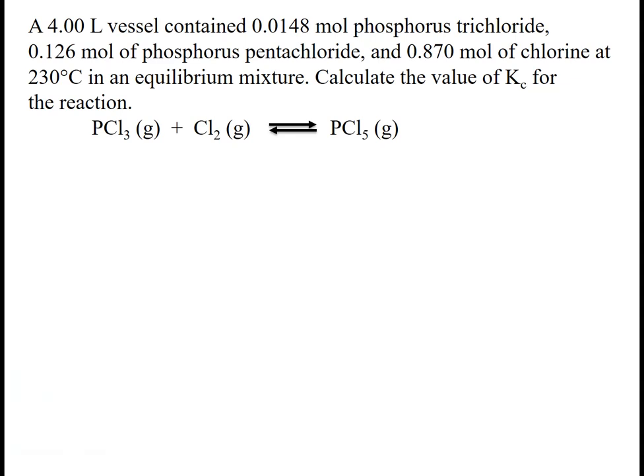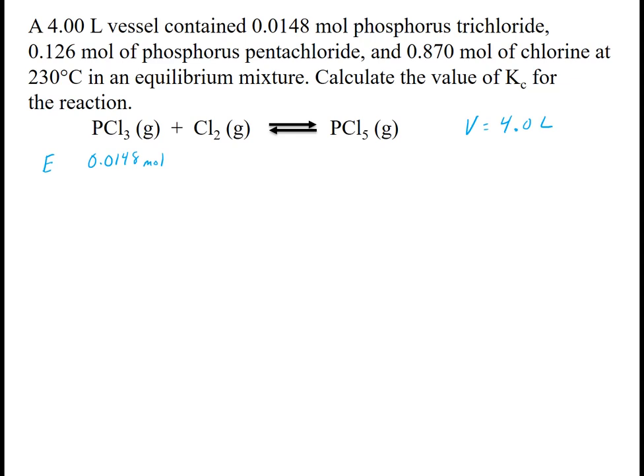And so it says I have a 4-liter flask, so I have a volume of 4.0 liters. And it contained this, and this at equilibrium. So it doesn't say I initially had something and then changed it. My equilibrium values here: the phosphorus trichloride, so the one with 3, is 0.0148 moles.